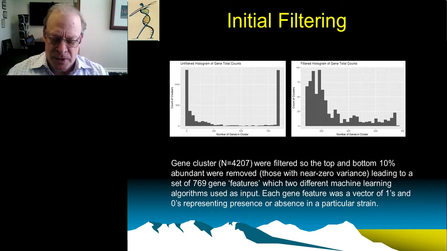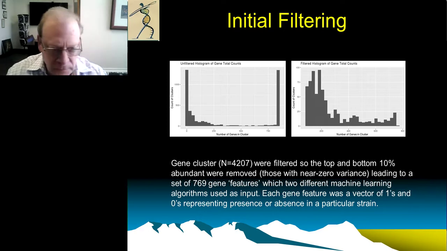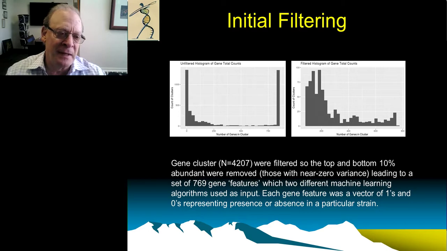And so this is just a slide showing the filtering that we used to get rid of the bottom 10% and the top 10%. So we started with 4,207 genes, and we filtered out the ones that are very rare, which is a large number, as you can see on the left-hand side of the slide.